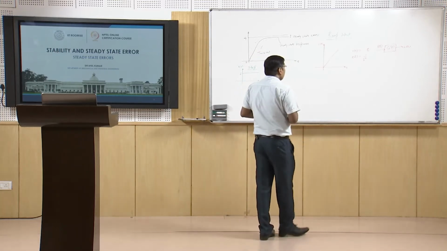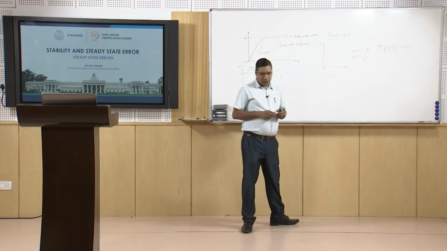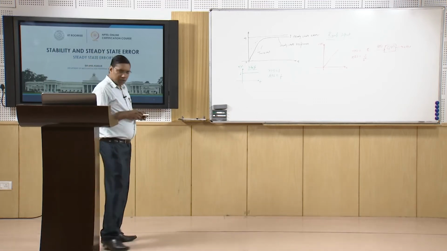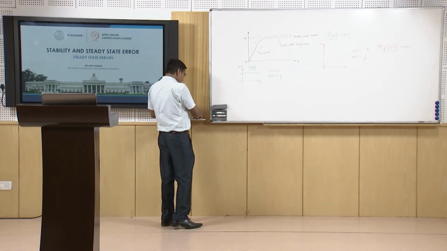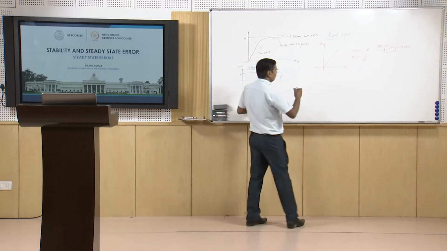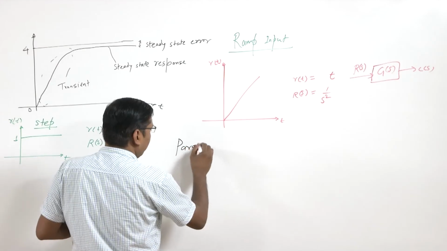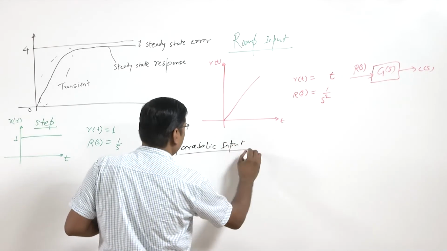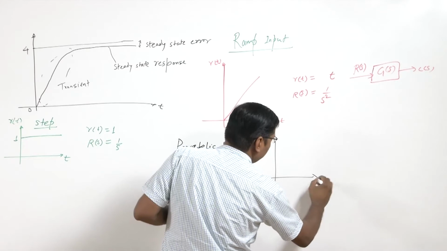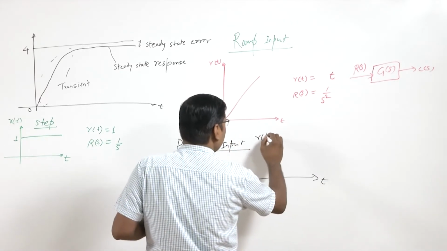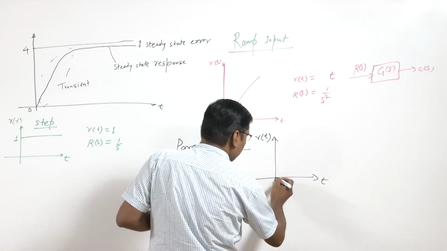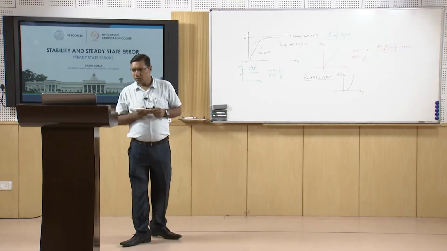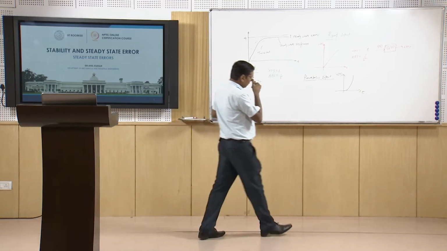Now, the third type of input is the parabolic input. Here we have r(t), and this is something like a parabola.